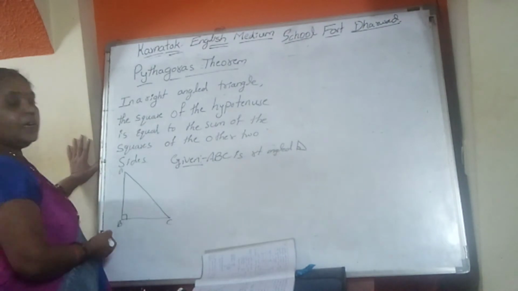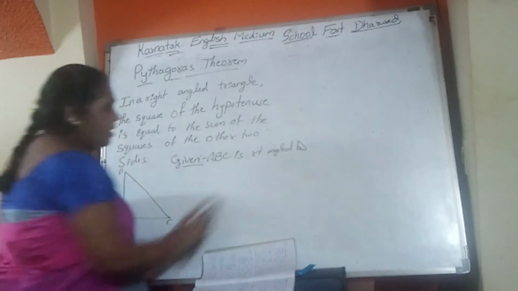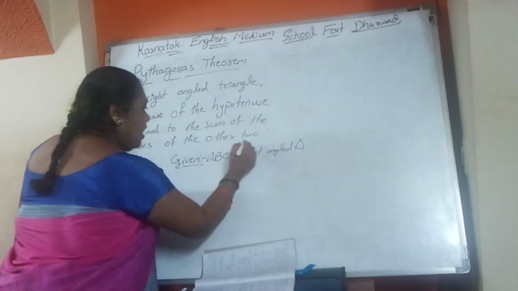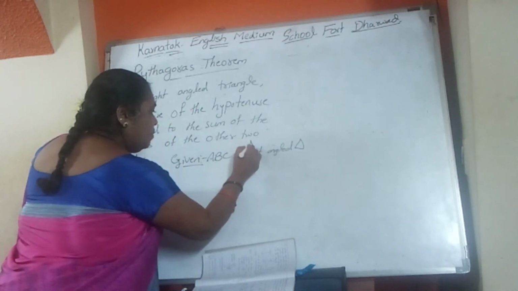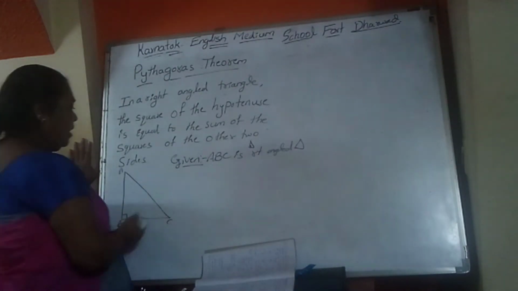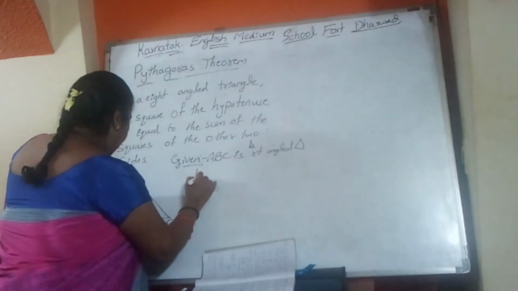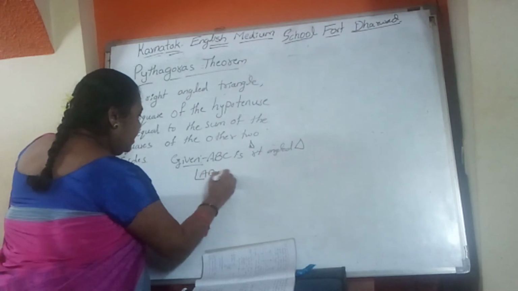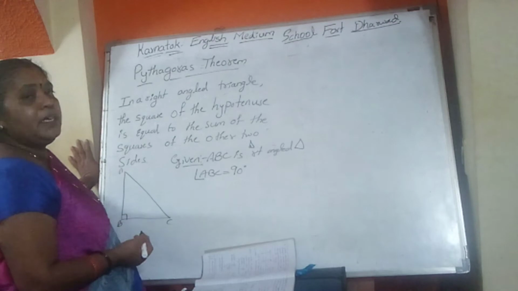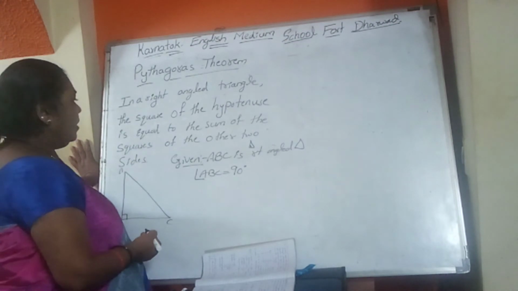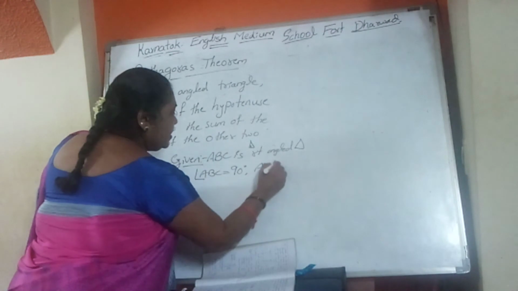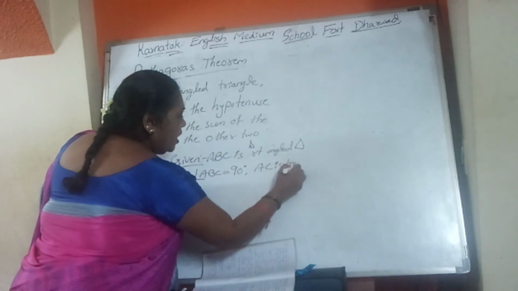Right angle is denoted like this. Angle ABC is equal to 90 degrees. AC is the hypotenuse.